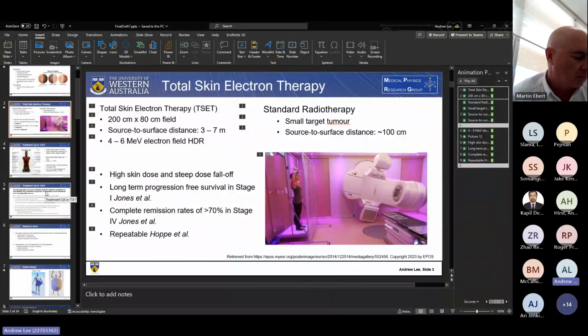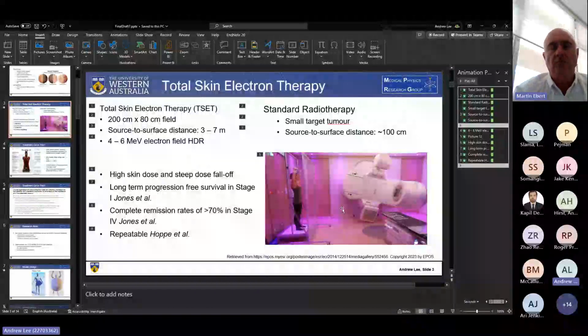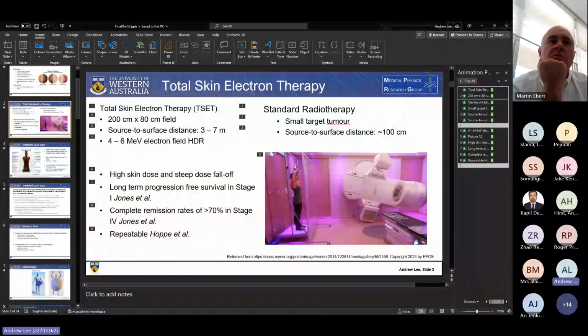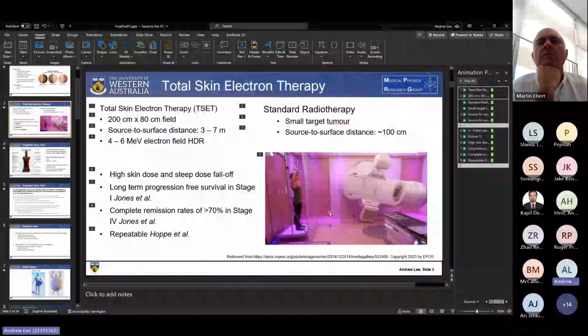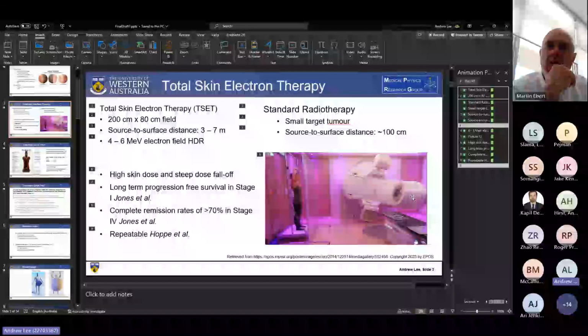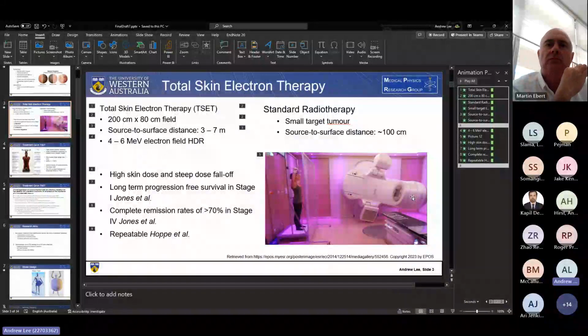Yeah, sure. So on the bottom right here was a typical image of another setup at another center. So here there's a polycarbonate scattering field, a beam spoiler here. Normally, because we are at a distance of 3 to 7 meters, the field that you create is only around 120 centimeters in height. Now we actually need a field of 200 centimeters.